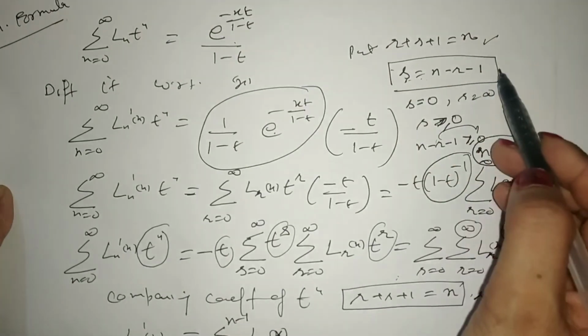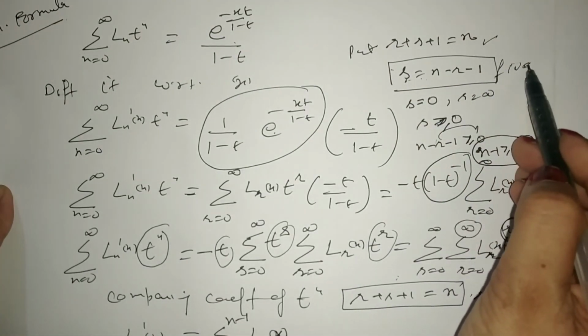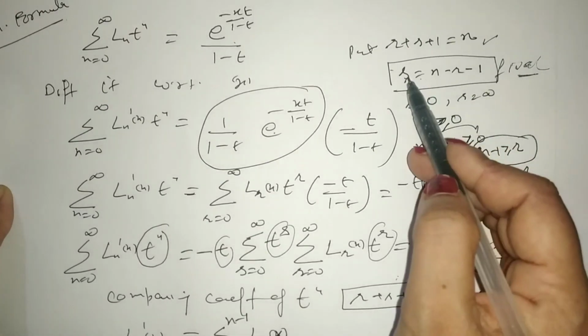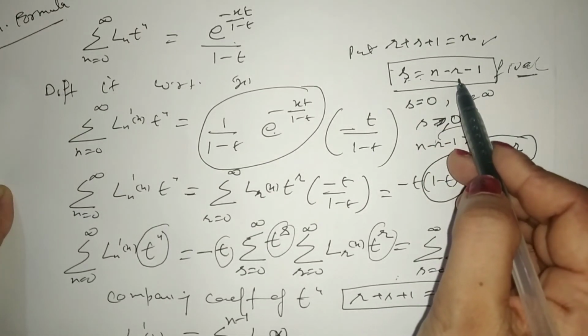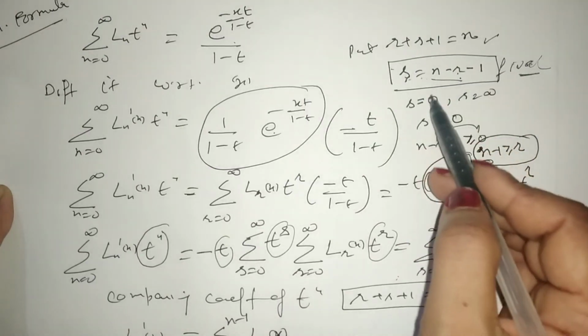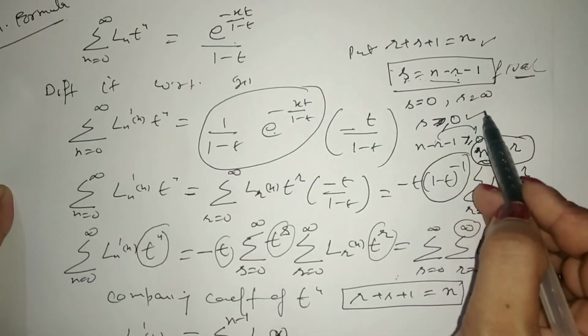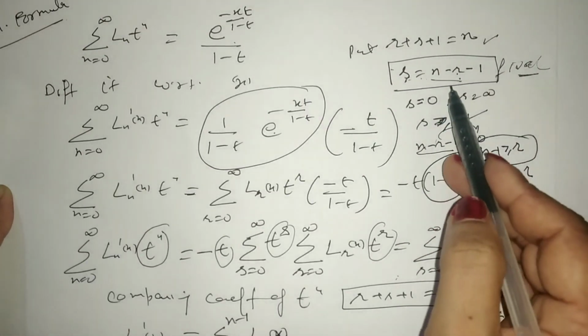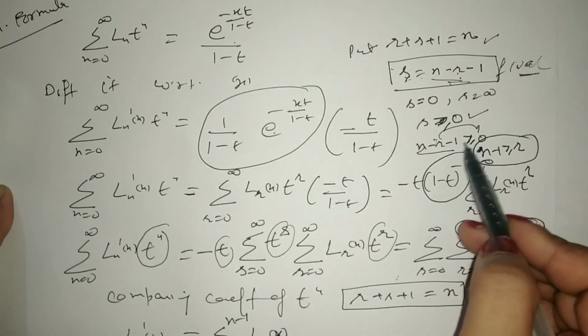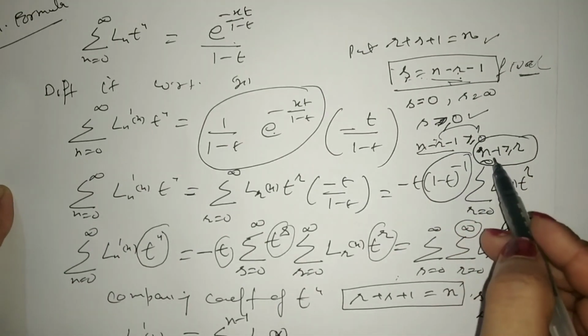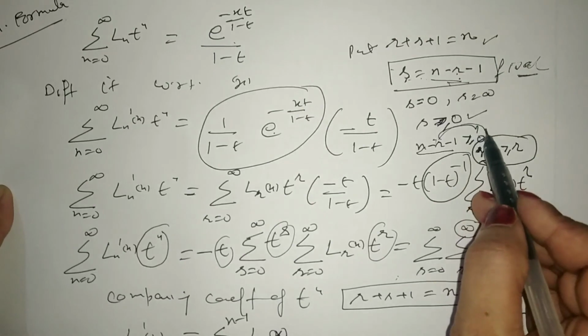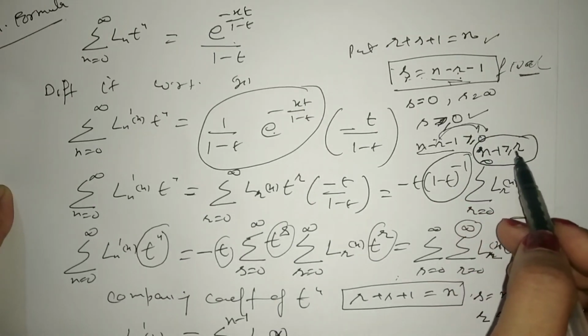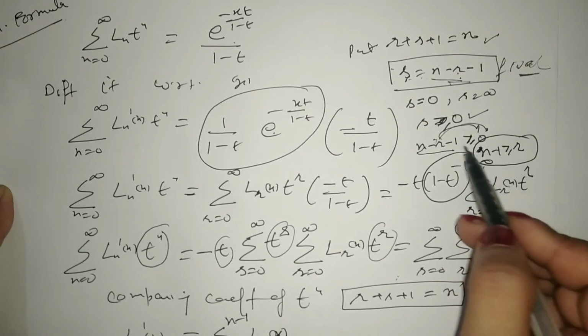So for comparing the coefficient of t^n on both sides, we take this as n and keep the value of s we obtained from this relation. Now s is fixed and the r term will vary. And what will be the value of r? Because s must be greater than or equal to 0, from this relation we shift r to the other side: r is at most n minus 1.